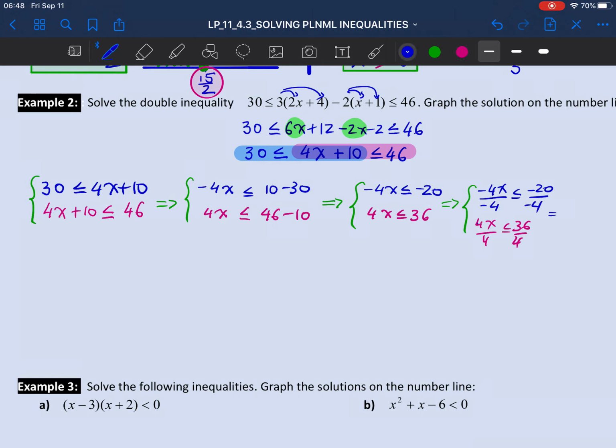So we'll say that here we have x, and dividing by negative 4 will make the direction switch to opposite. So x bigger than or equal to 5. And the next one will be x less than or equal to 9. So once we arrive in here, we are going to find the solution. We're getting very close. And I will draw the number line.